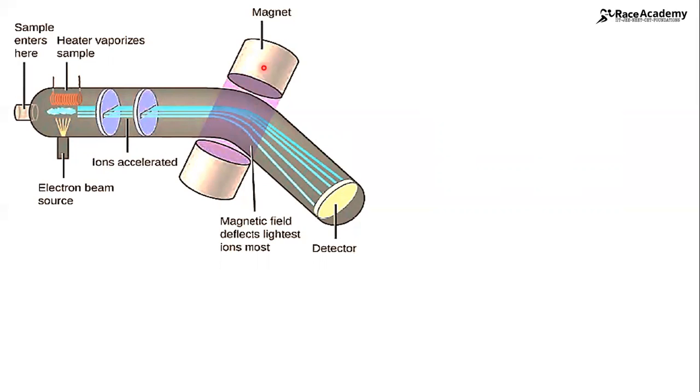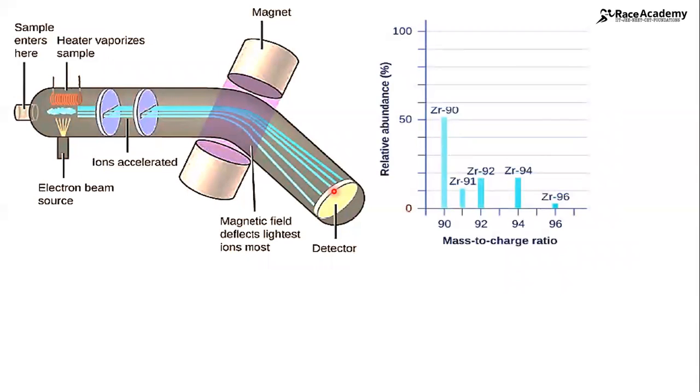The electric field and magnetic field act, and the magnetic field deflects the lightest ions the most in this experiment. Finally, they detect the graphical representation of relative abundance against the mass to charge ratio. For zirconium, they made the experiment and got this graphical representation.